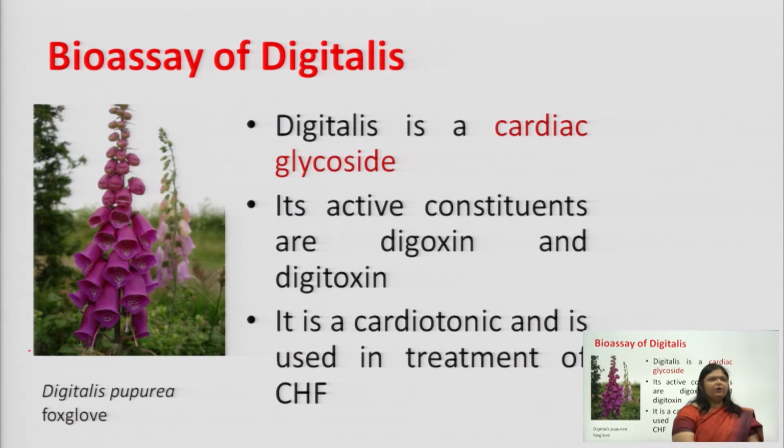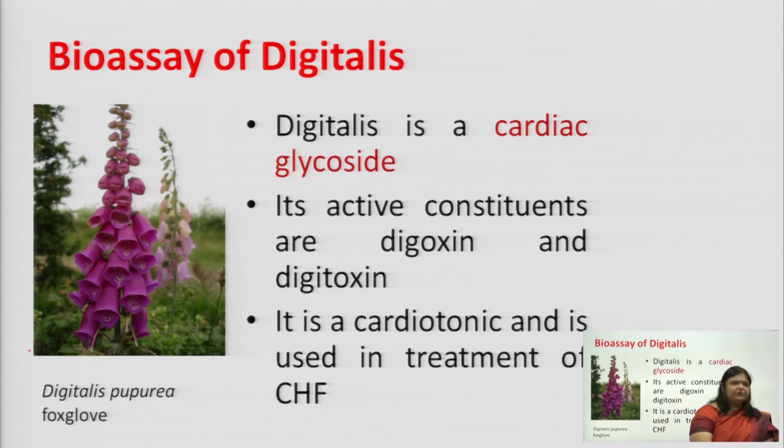Before moving on to the bioassay of digitalis, let us first talk about digitalis. It's such a beautiful plant. It is called Digitalis purpurea. The biological source is the leaves of the Digitalis purpurea, and the common name of this plant is foxglove. We know that digitalis is a cardiac glycoside.